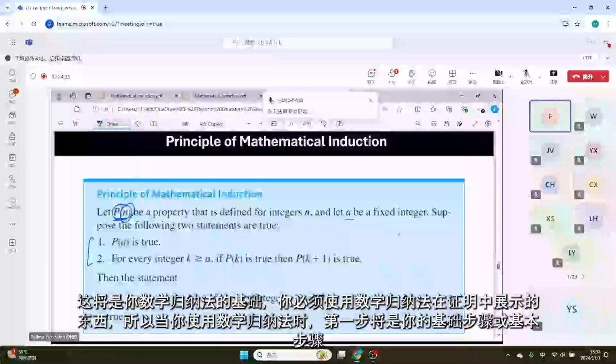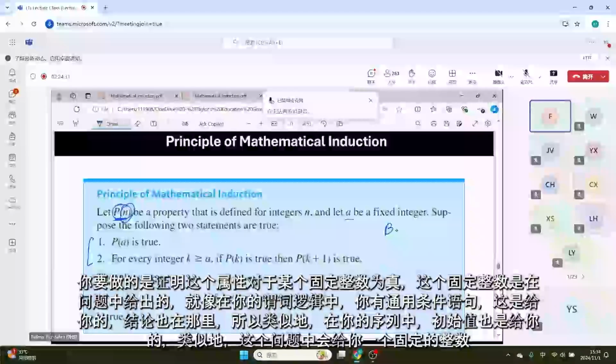The first step, when you are using the mathematical induction method, will be your basis step or base step. There you have to prove this property to be true for some fixed integer, and this fixed integer is given to you in the question.